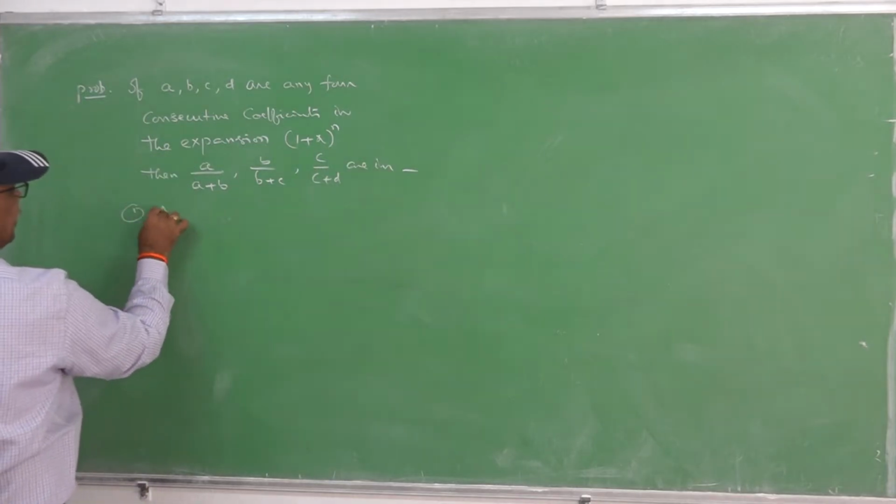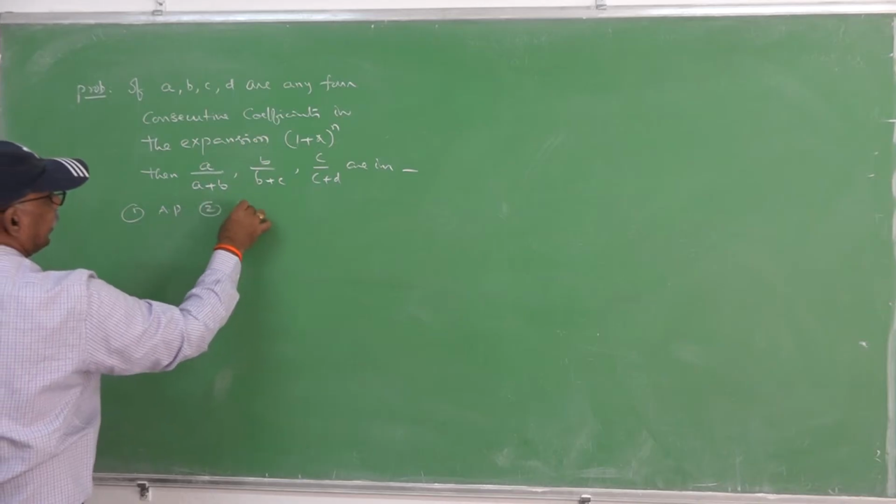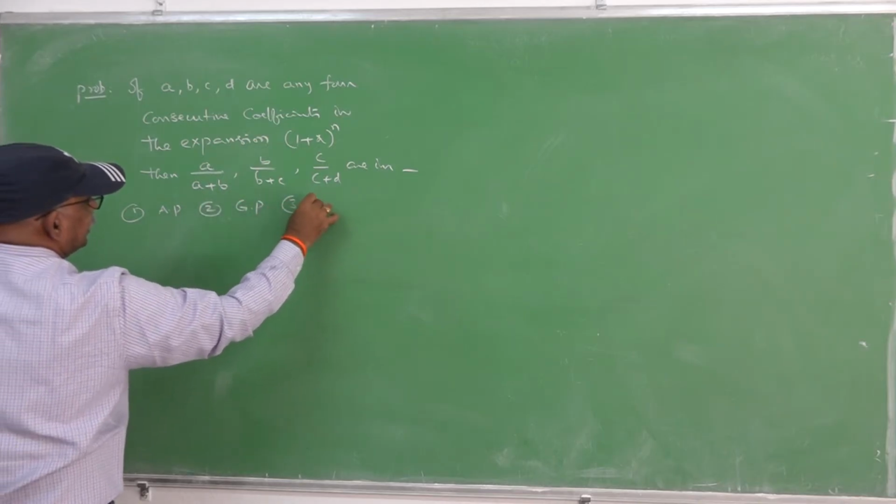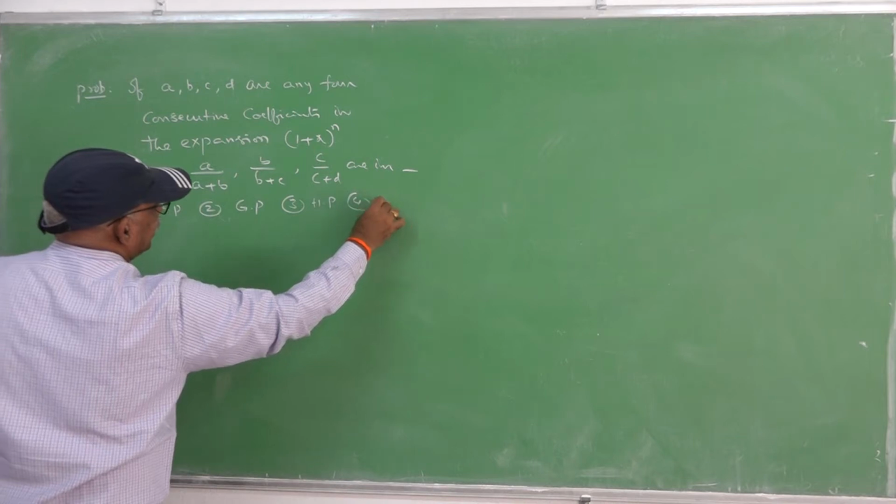The options are AP, second one is GP, third one is HP, fourth one is AGP.